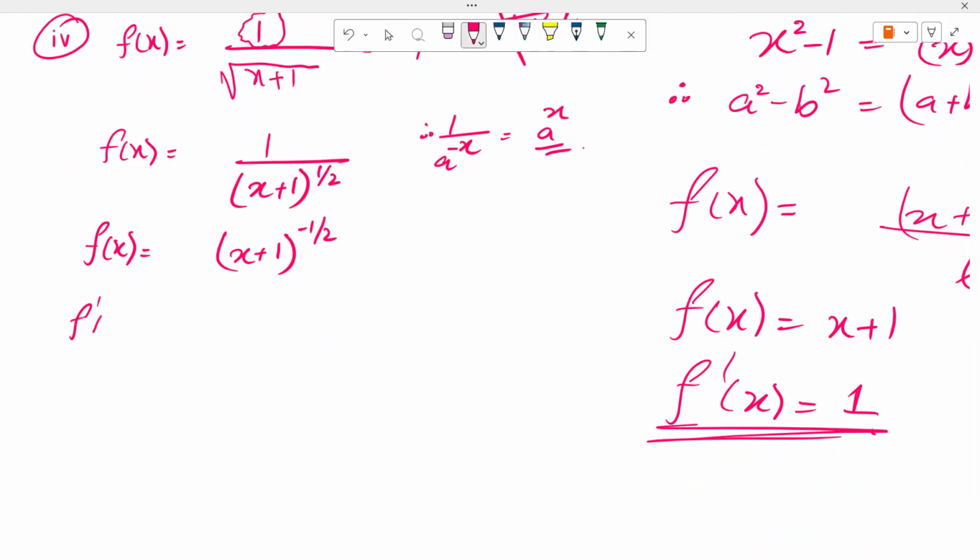Now I can simply apply the power rule. If I apply the power rule, the power will become the coefficient, and so I would be applying the chain rule technically. So x plus 1, raised to minus half minus 1, into the derivative of the inner function. My inner function is x plus 1. So the derivative of the inner function would be just 1.